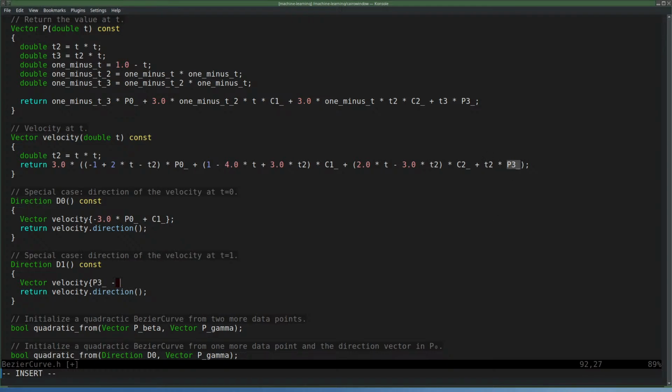This one is even simpler. It's almost hard to believe. T is 1. Well, if this formula... Oh, there's a 3 here in front of it. No, it's not. Yeah, yes, it is. This 3 applies to everything.